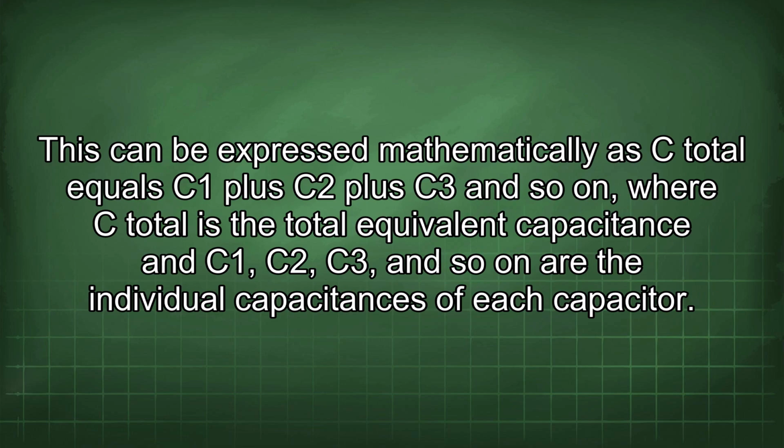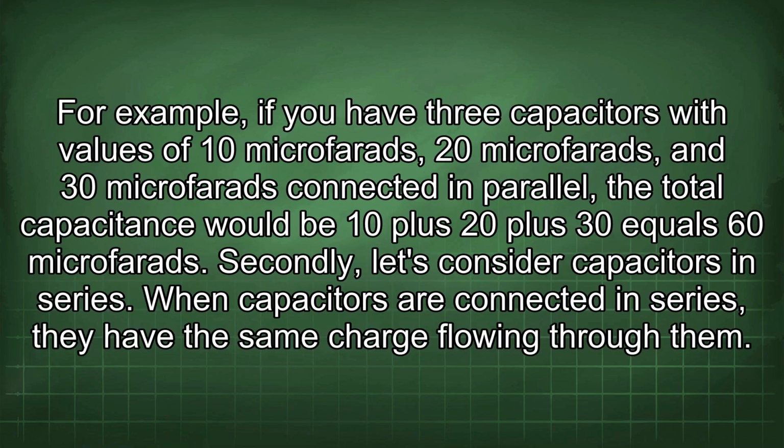This can be expressed mathematically as C total equals C1 plus C2 plus C3 and so on, where C total is the total equivalent capacitance and C1, C2, C3, and so on are the individual capacitances of each capacitor. For example, if you have three capacitors with values of 10 microfarads, 20 microfarads, and 30 microfarads connected in parallel, the total capacitance would be 10 plus 20 plus 30 equals 60 microfarads.